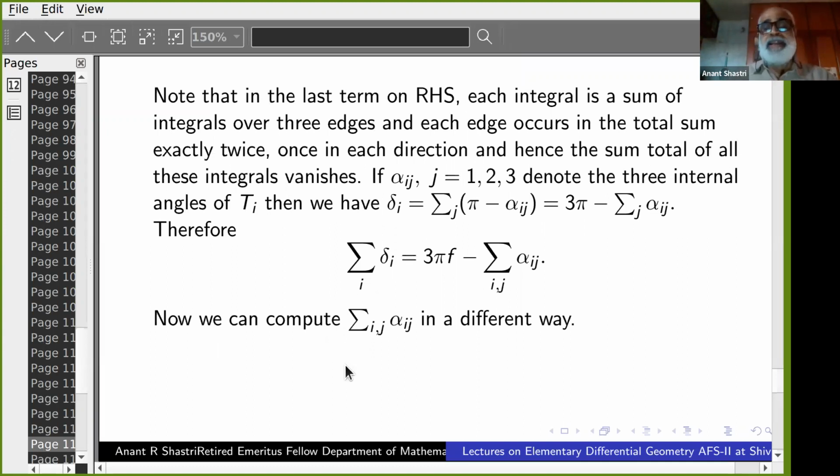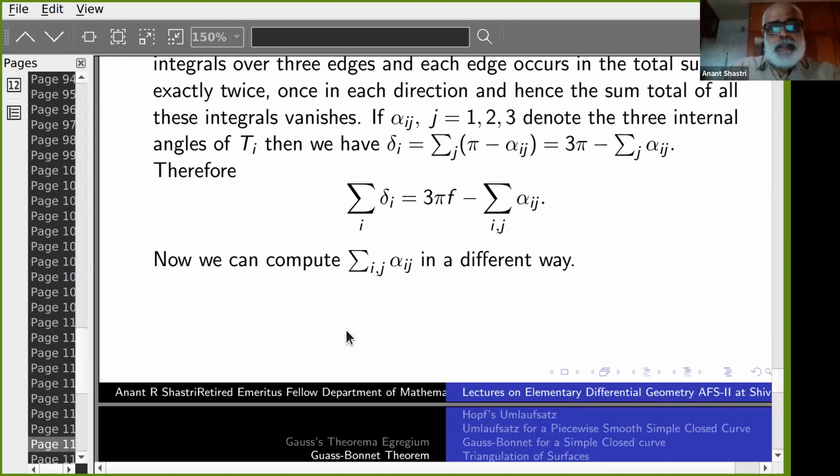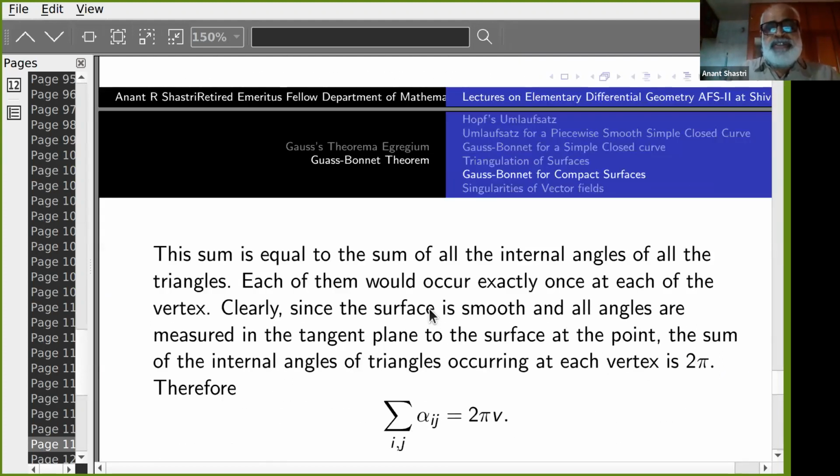in a different way. That is why this proof is called purely combinatorial. So this sum is the sum of all internal angles of all the triangles, right? But how do the internal angles occur? At one vertex, several of them are there; many triangles are incident at that vertex.